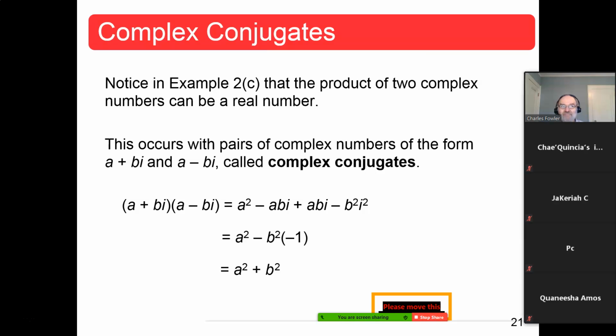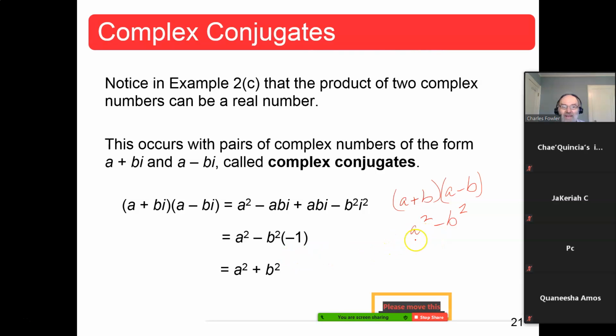Now, that leads to another issue here. Like I said before, when I started this thing, I said if you had a plus b times a minus b, that gave you a squared minus b squared. Every time, difference of two perfect squares.